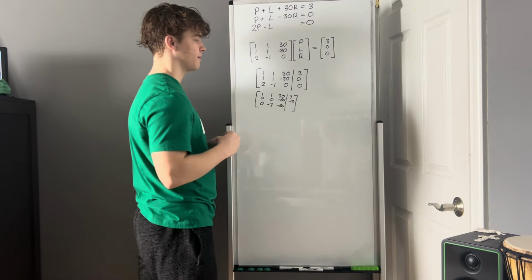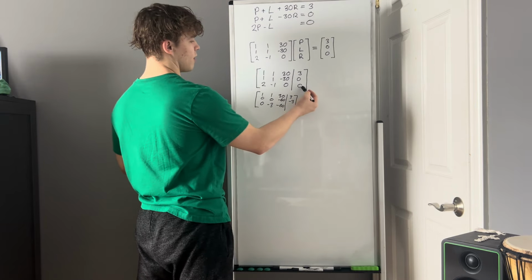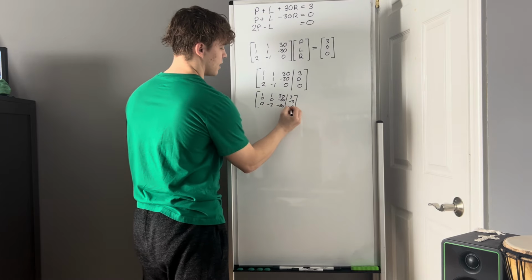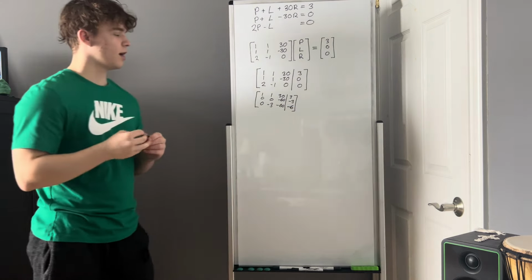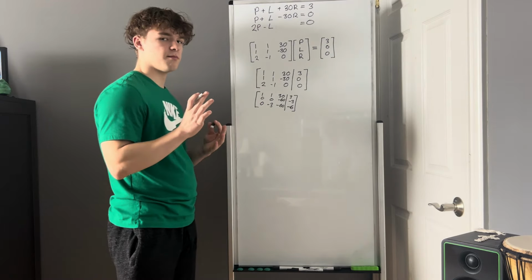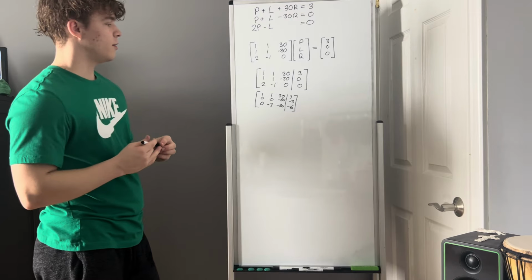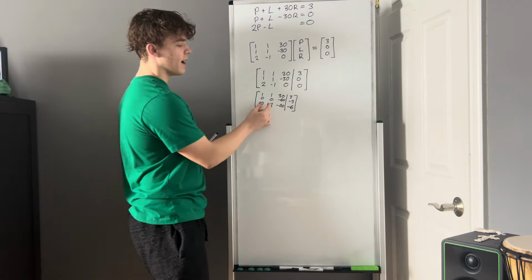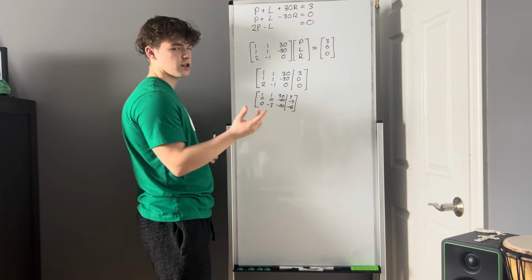Easy stuff. 0 minus 2 threes is minus 6. Now what I'm going to do here is, you might not see it at first, but hopefully you'll notice, we now have our form. It's just a little messed around.